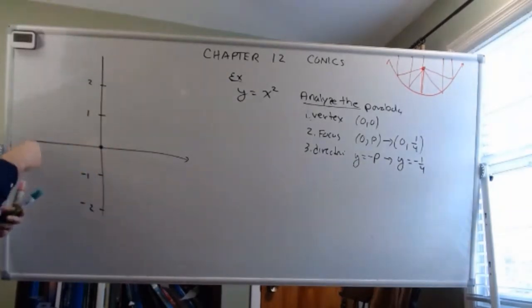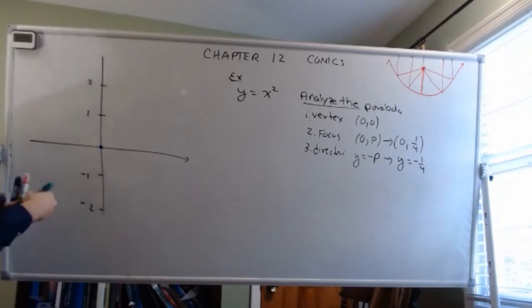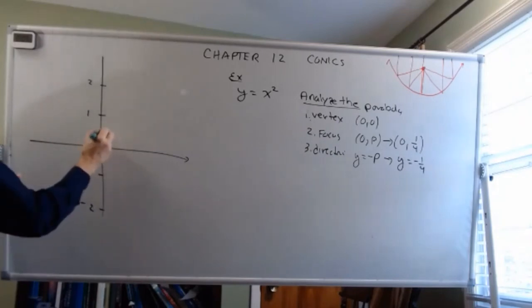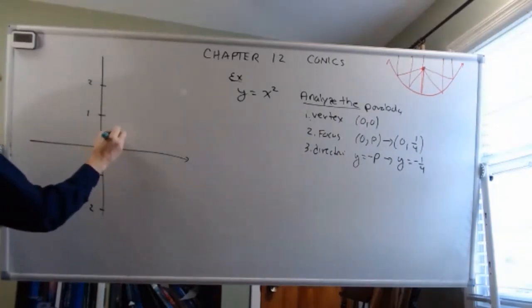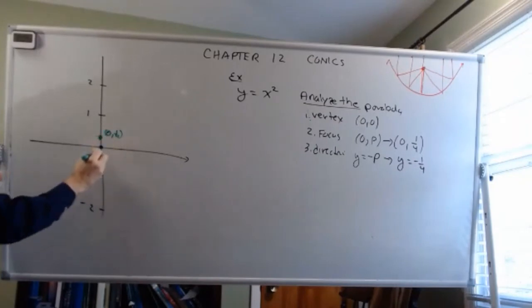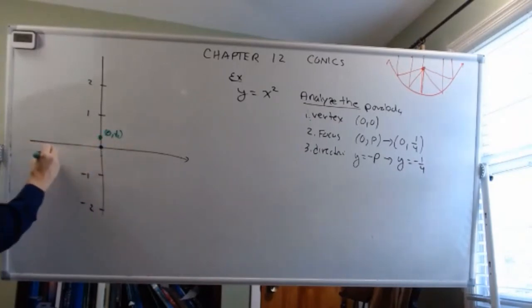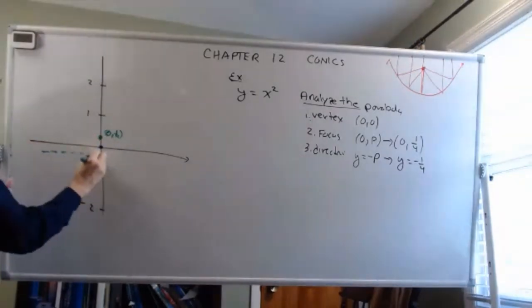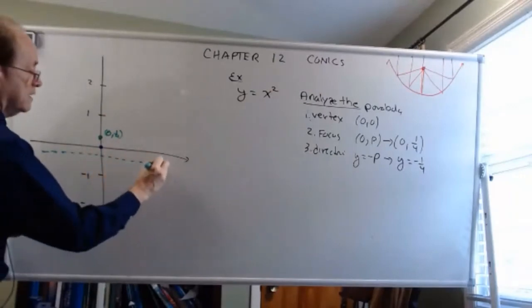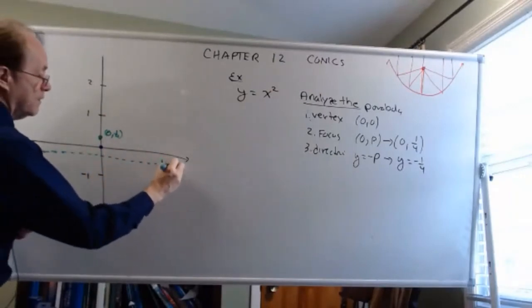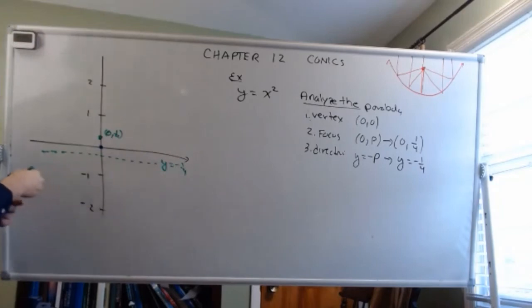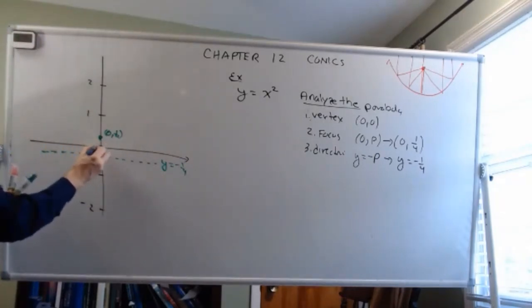I go 1/4 of the way up, and here's my focus. And 1/4 of the way down over here, there's my directrix. So doing that and keeping those distances the same, my parabola would look something like that.